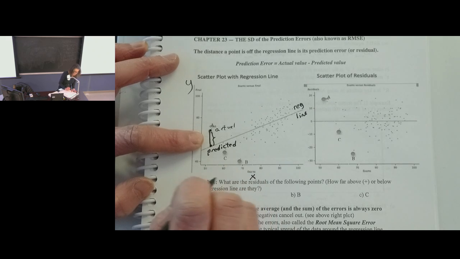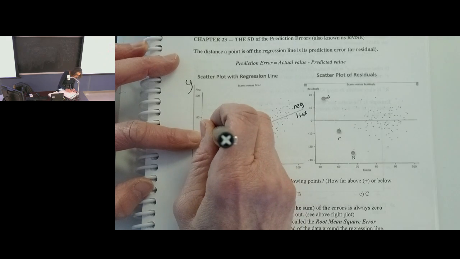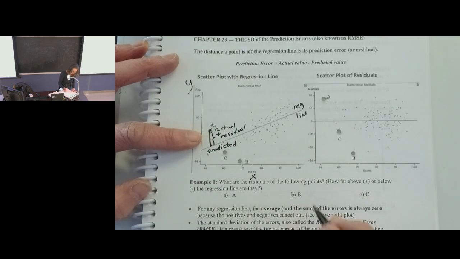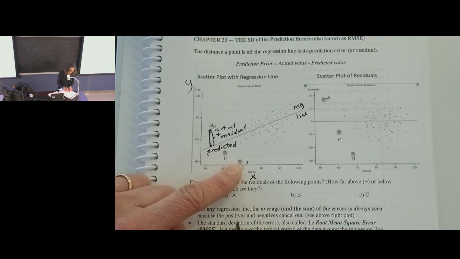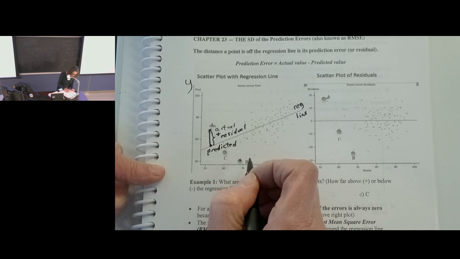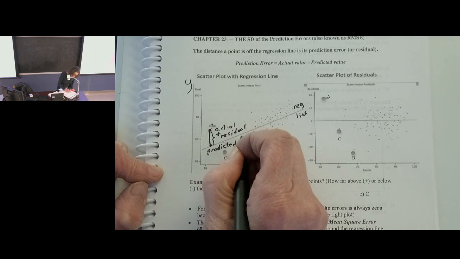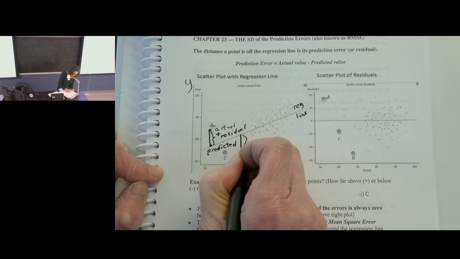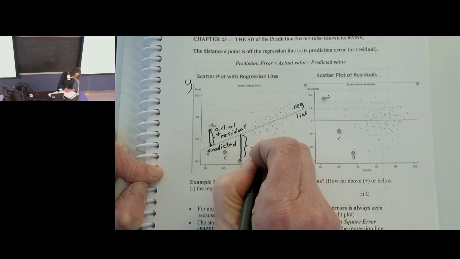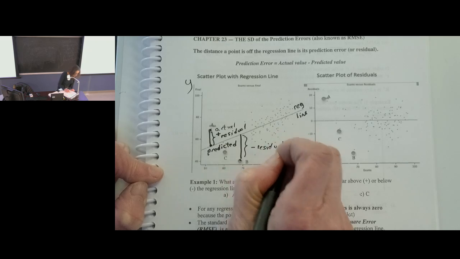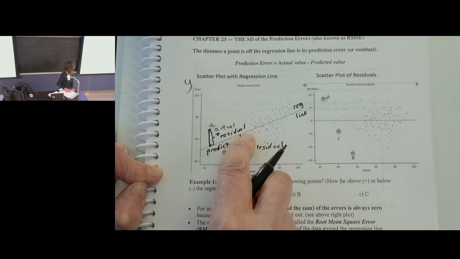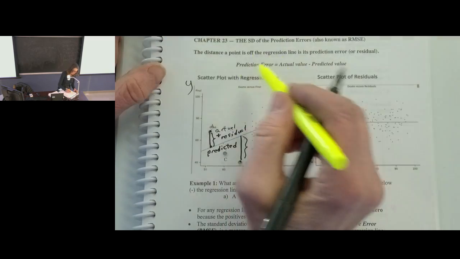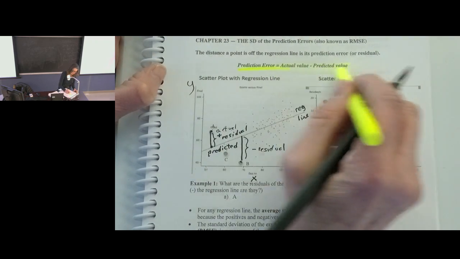And this person has a positive residual because they're above the regression line, whereas this person, B, look how low he did. He was expected to do much better. The predicted is there, and the actual, this is a negative residual. The actual minus the predicted is a negative number. So that's the prediction error, also called the residual.